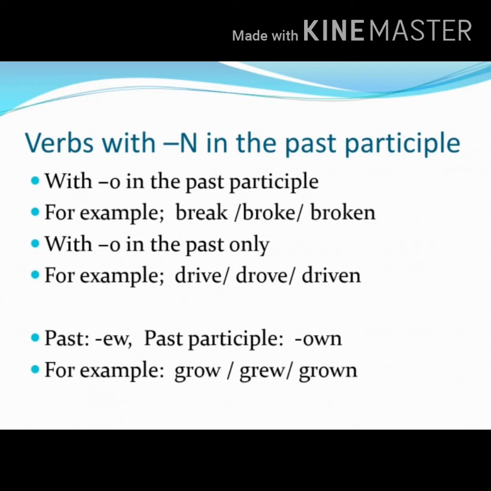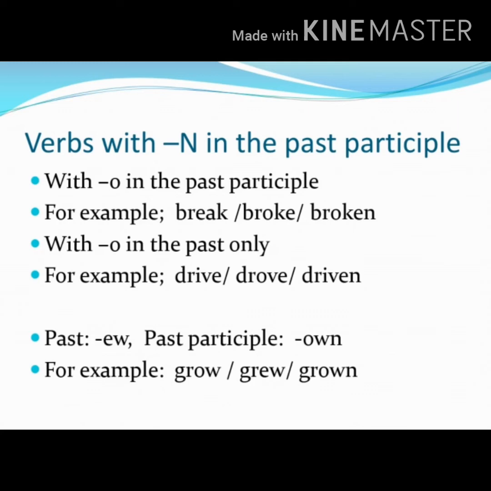And the third group has EW in the past and OWN in the past participle form. For example, grow. It has the past form grew, with the EW ending, and in the past participle it has OWN, grown.